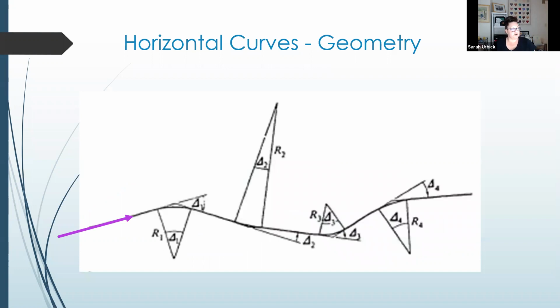If we look at the geometry, and this is kind of a rough image, I've got my little purple arrow showing the line of sight. If we're staring through the windshield of our car, getting ready to head down this path, you can see that for each one of those curves we've got different radii, we've got different angles, deriving that information.